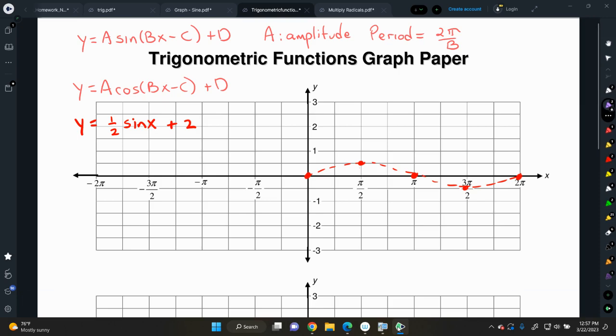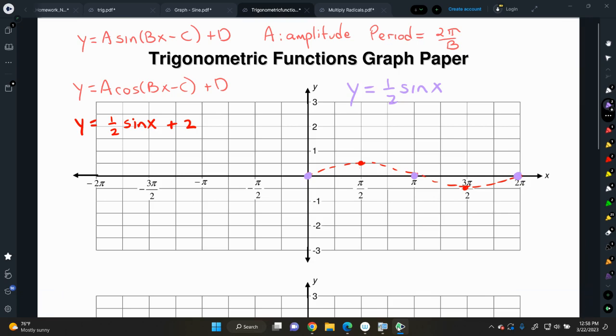Okay, so let's sketch out the function y equals 1/2 sine x. It has a period of 2 pi, so I put my beginning and ending points at 0 and 2 pi. Halfway in between, we're at 0 again.